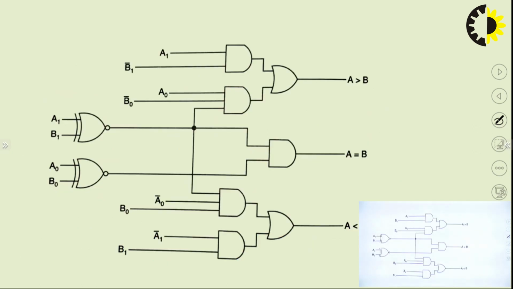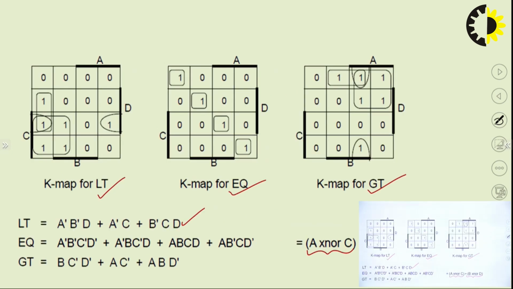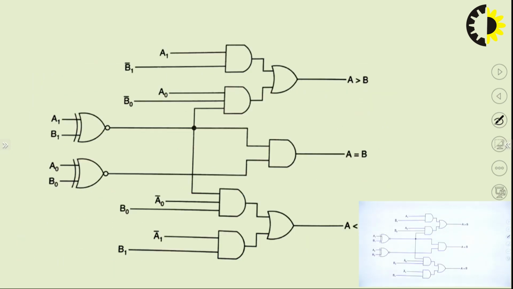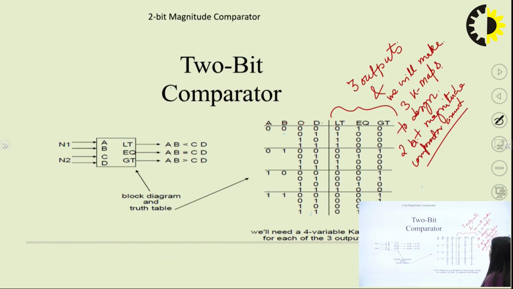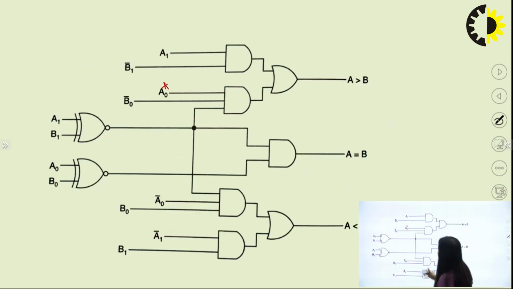This is the complete logic. Using these expressions we can design the circuit. Just make the references, like we have taken number A as AB, and second is CD.